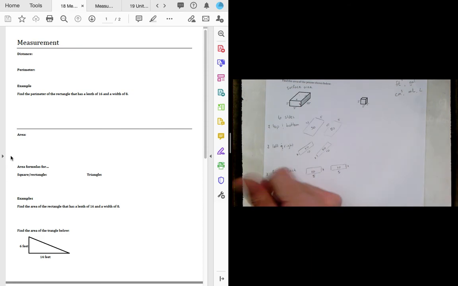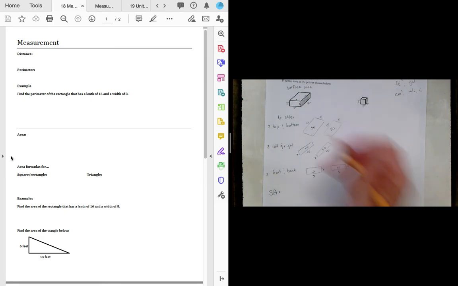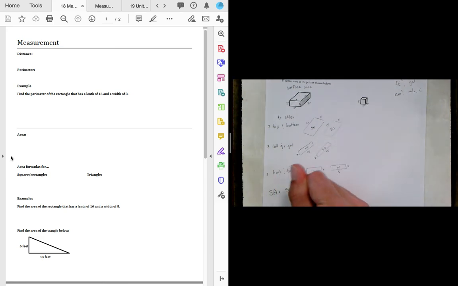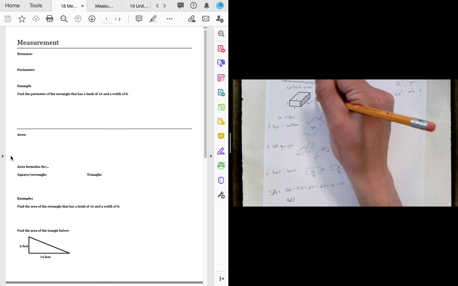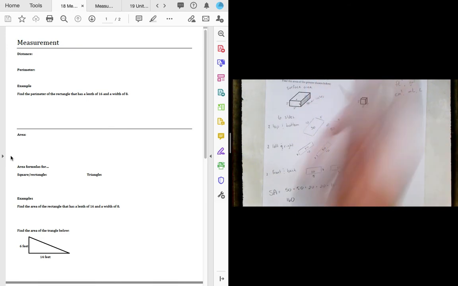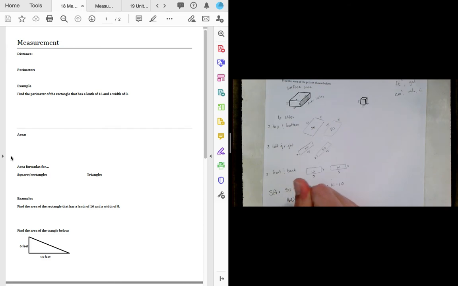So if we want to find the surface area, which I'm going to use capital SA for, I need to calculate 50 plus 50 plus 20 plus 20 plus 10 plus 10. That's 100, 140, 150, 160. So 160. Make sure we have the right unit on here. The double quotation right here, that's inches. So I'm going to put inches squared as my answer.